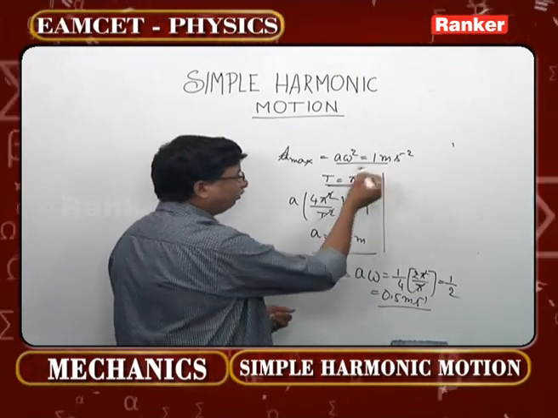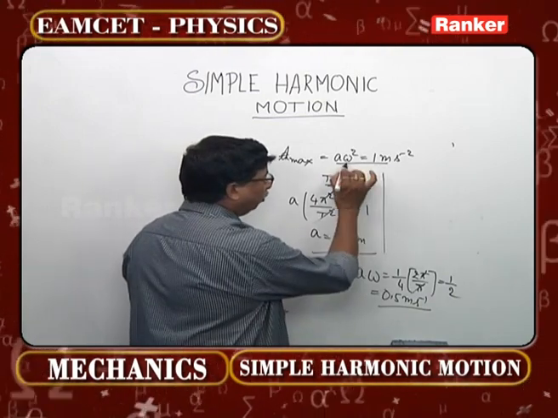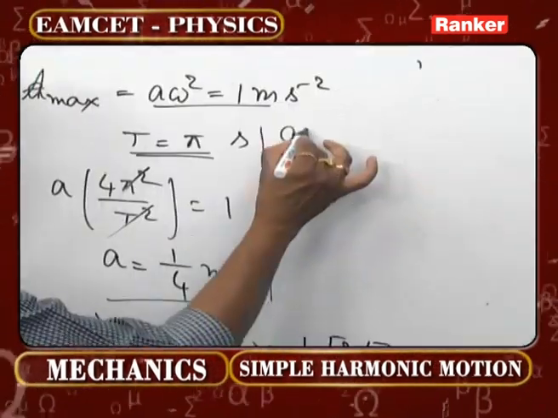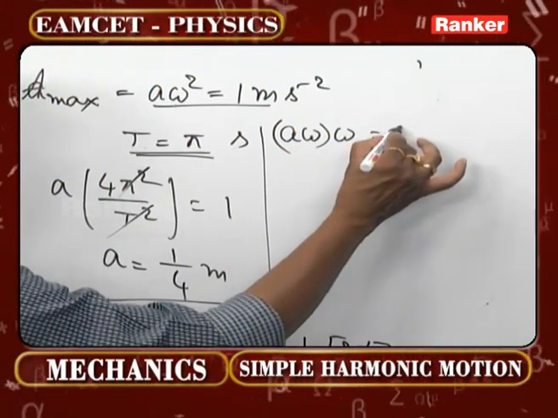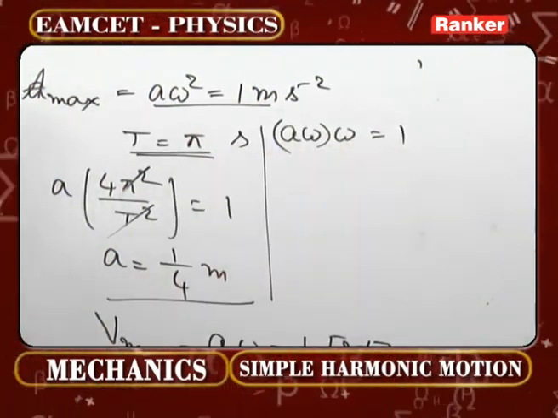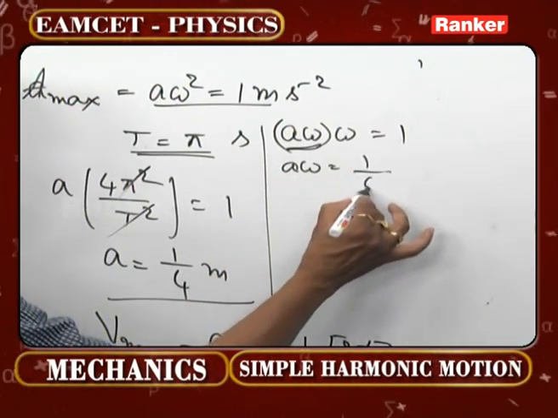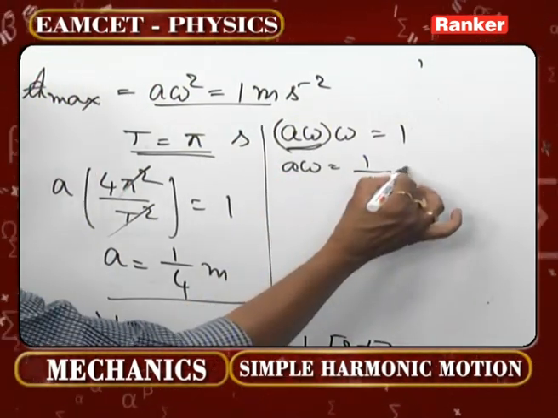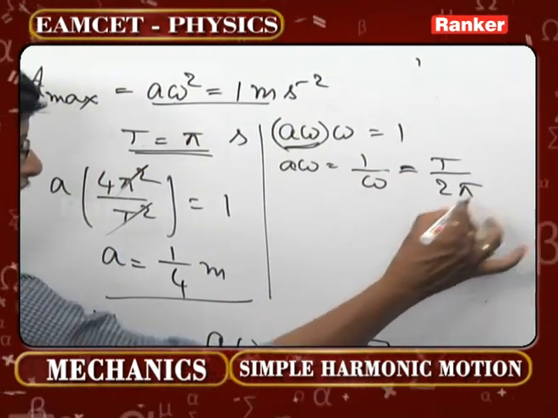The same question you can write in a different manner, further simplifying it. A omega square is given. Can't you write A omega square as A omega into omega, whose value is given as 1? Now I just want the value of A omega. What is that value? 1 by omega. 1 by omega is T by 2 pi.